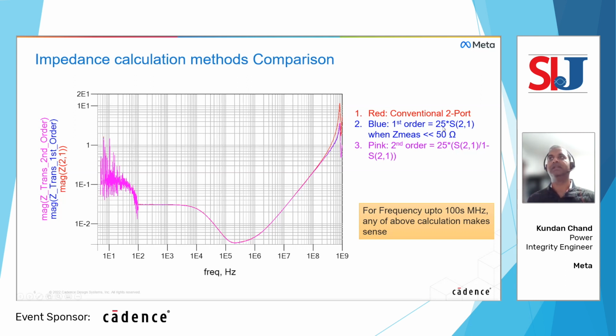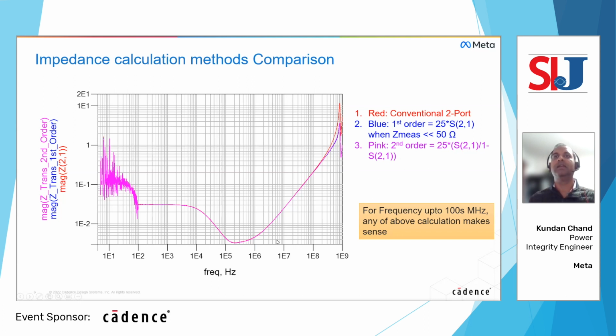The blue is just using the math approximation, where we multiply 25 times S21 to give us Z21. And then the magenta is going to be a little bit more accurate assumption.